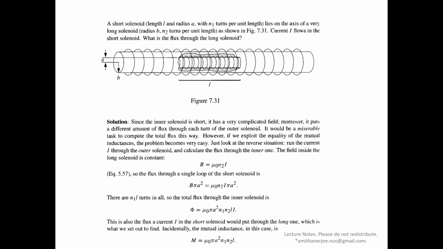We have calculated that before. And from the previous equation, we can find the flux for a current I in the short solenoid through the long one, which is what we set out to find. Incidentally, the mutual inductance in this case would be proportional to the current, so this would be calculated from this one.